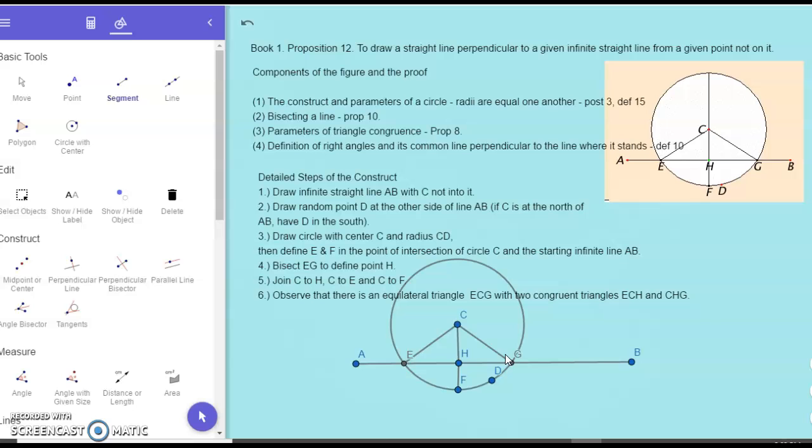Therefore, we can see that angle EHC, this angle here, is equal to angle GHC, this angle. And these two angles are also adjacent. And furthermore, the common side CH is perpendicular to where it is standing, which is line AB.